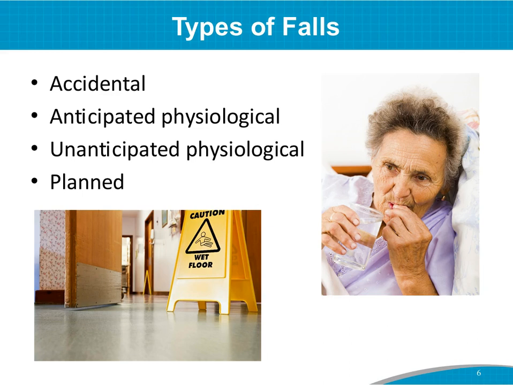So they may put themselves on the floor, not really fall. And then there are the developmental related falls related to pediatrics, but we're focusing on adults today. So the only two that can really have outcomes changed for are the accidental and the anticipated physiologic fall.